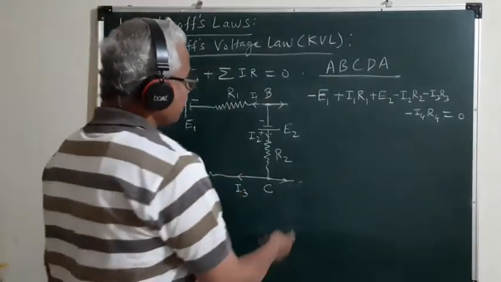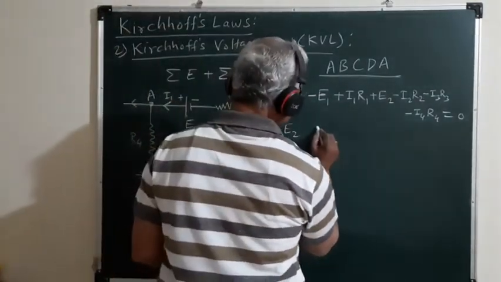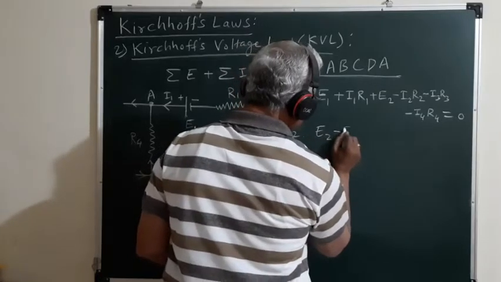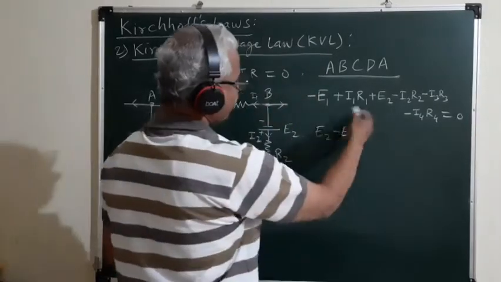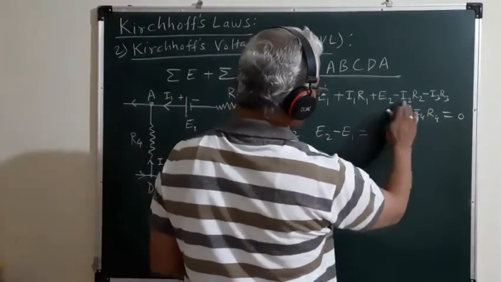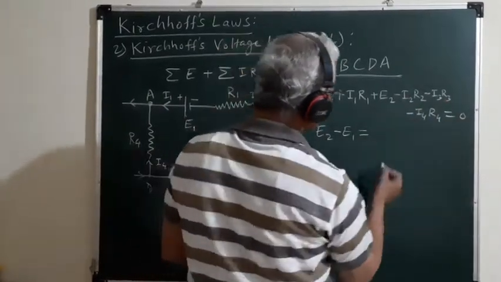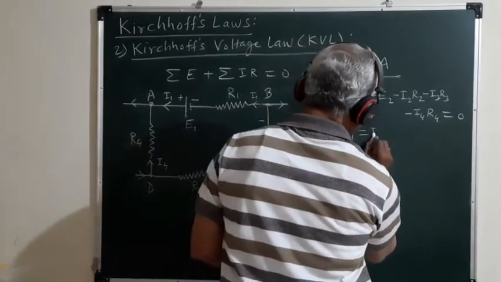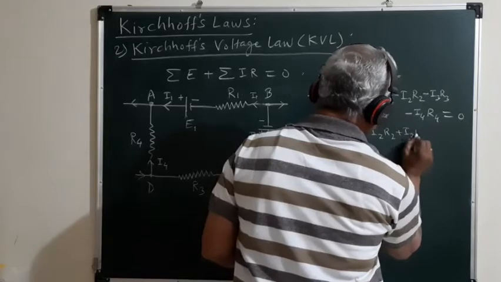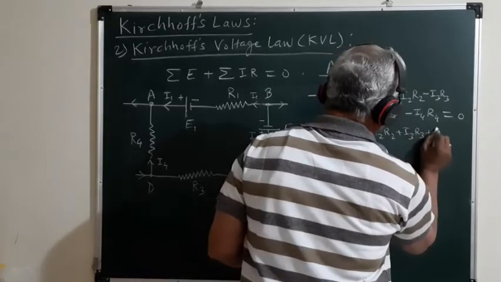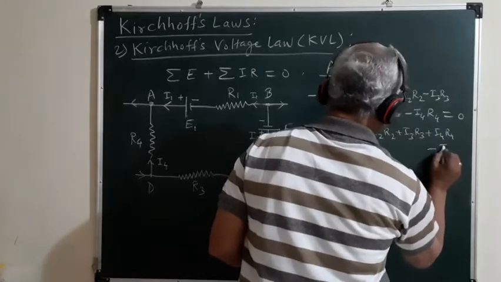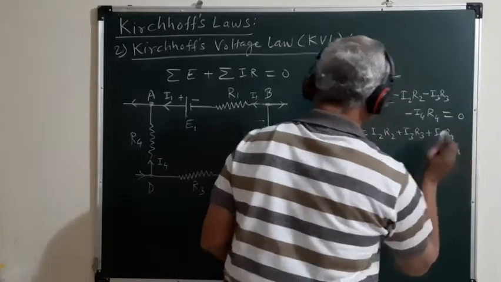So we can express this relation as E2 minus E1 is equal to, if we transfer these terms to the right hand side, I2 R2 plus I3 R3 plus I4 R4 minus I1 R1.